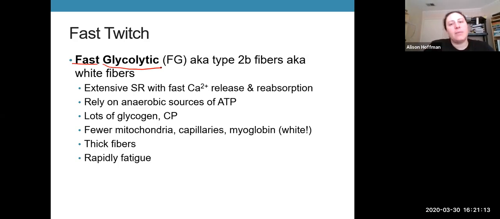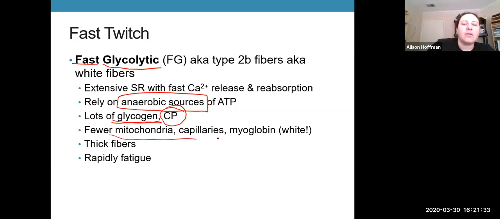And glycolytic because their major source of ATP is all of those anaerobic pathways we talked about before. So they typically burn up all the glycogen stores. They will try to keep as much creatine phosphate around as possible. They're not going to worry about having mitochondria, a good blood supply, or a lot of myoglobin because they're not relying on oxidative sources of metabolism.